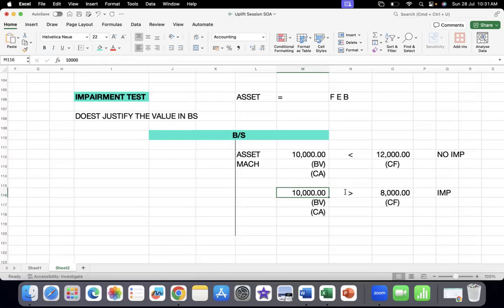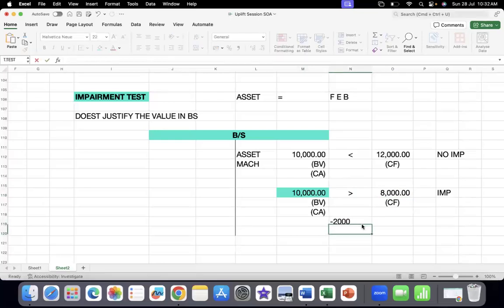That means there could be a loss of 2,000. As the prudence principle says, even if there is the slightest possibility of reduction of revenue or losses, you have to immediately book it in your books of accounts. That's why, because your current value is 10,000 in your books of accounts, you reduce it to 8,000 by charging 2,000 as your impairment loss.